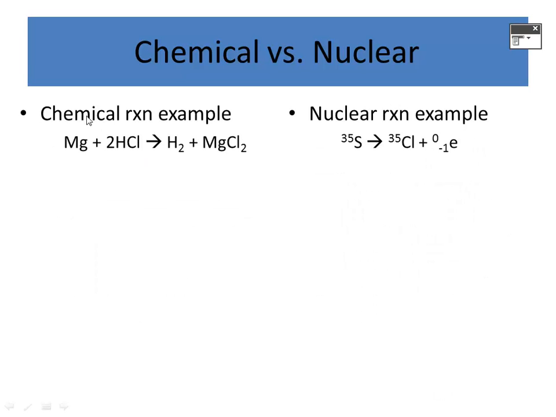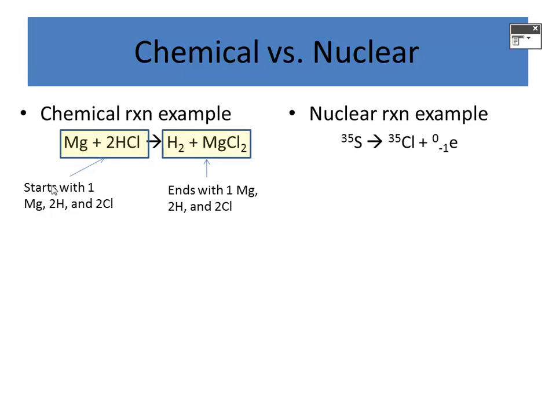So here's an example of a chemical reaction, like magnesium plus 2HCl makes H2 plus MgCl2. Notice that we start with 1 Mg, 2 H's, and 2 Cl's.